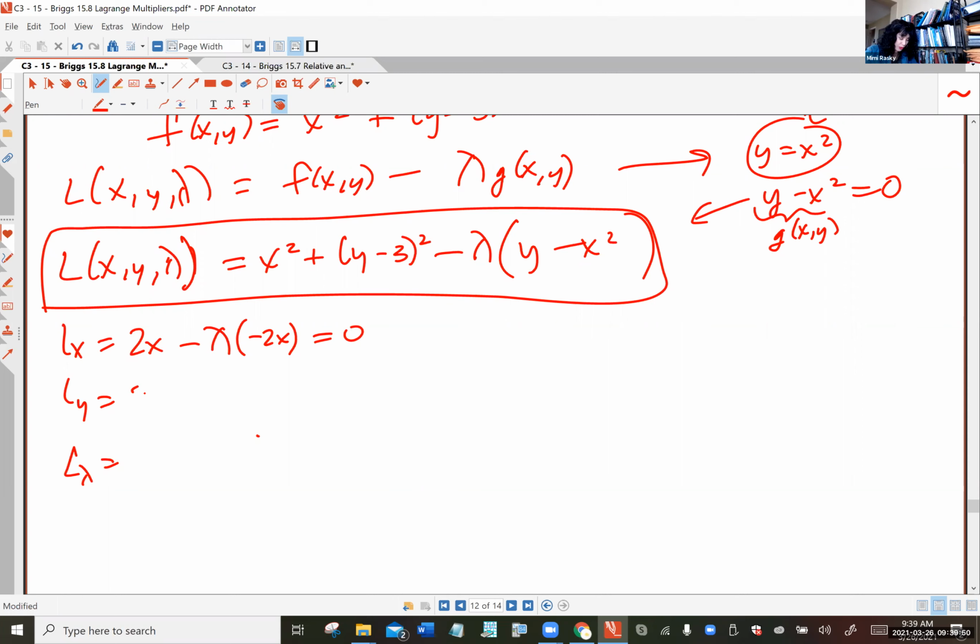When I use the chain rule and take the derivative with respect to y, I get this. And when I differentiate with respect to lambda, I basically get the constraint. Now, folks, this is one of those problems where my usual method of getting lambda solved for and then equating my lambdas does not work.